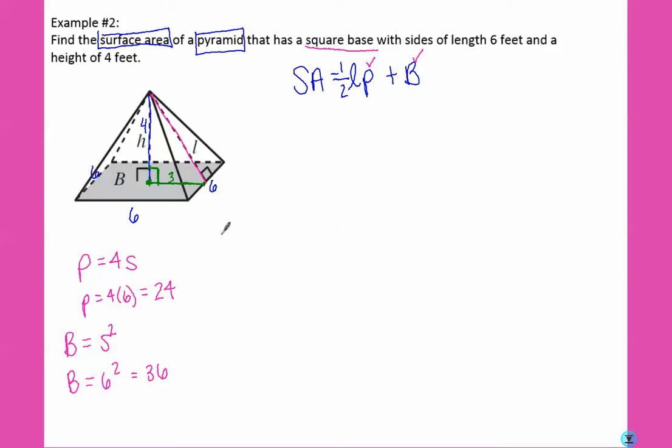So L squared would equal 3 squared plus 4 squared. 3 squared plus 4 squared is 25. And if we square root both sides, we get that L is 5.